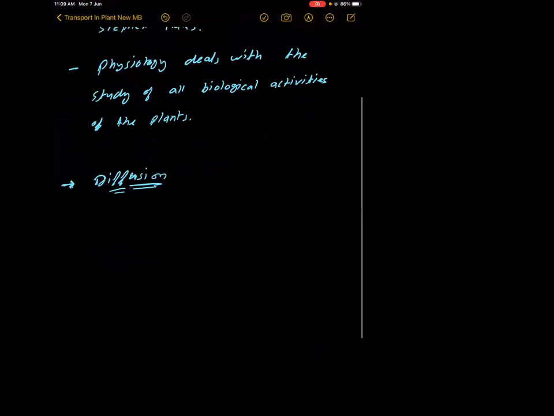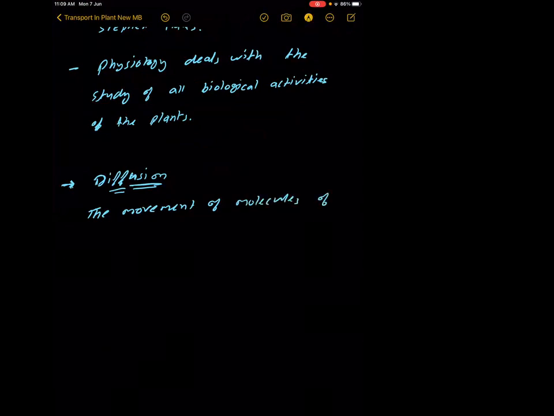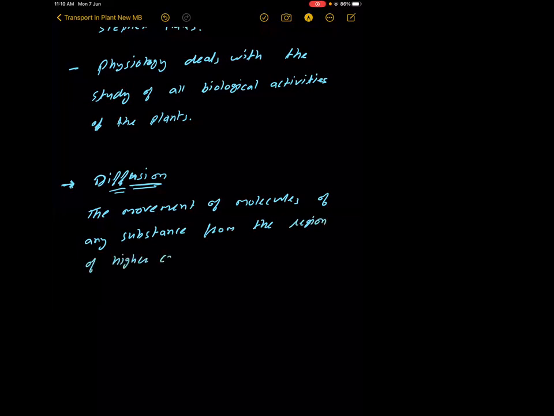Diffusion means the movement of molecules from one place to another, of any substance, meaning gas, liquid, or solid, from a region of high concentration to a region of low concentration.